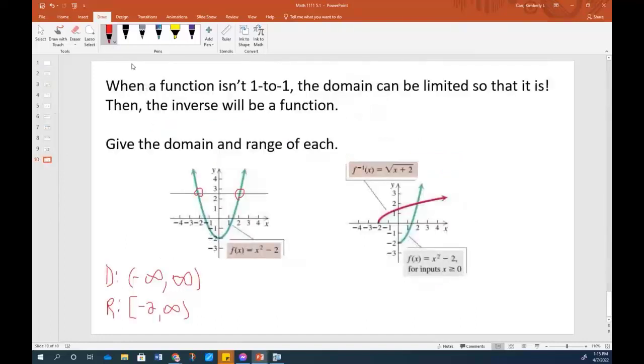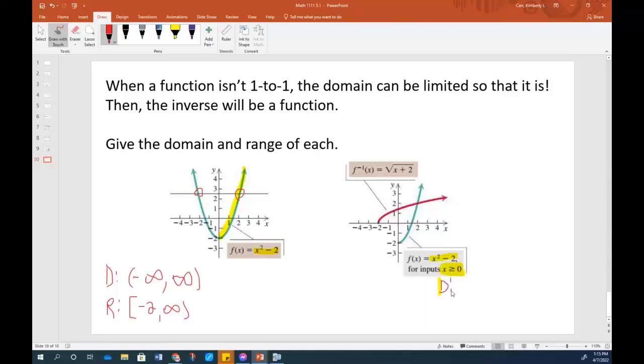So what we can do is pretend that you only have this section. How do you do that? Limit the domain. This equation here and this one in the second graph is the same. But this one has the domain limited.